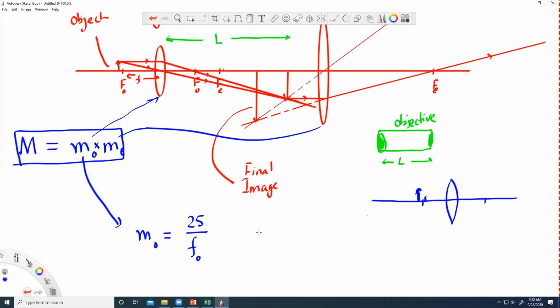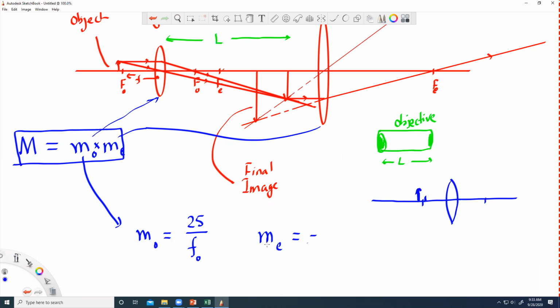And the magnification of eyepiece, from the definition of magnification, we have two types of magnification. One is linear and the other one is angular. We don't have the information about the angular size. It's hard to get angular size here, although it's possible, but it's easier to get the information about the linear distance.